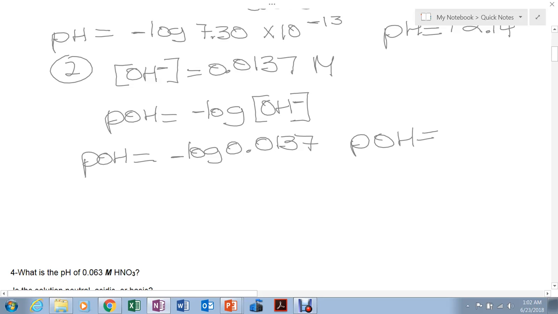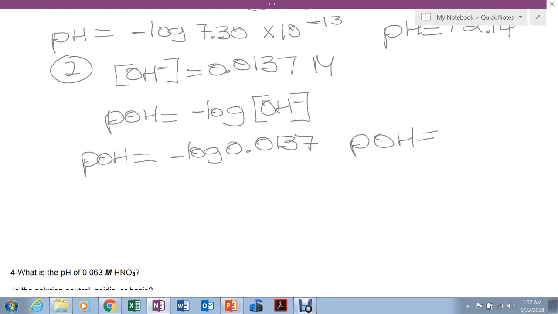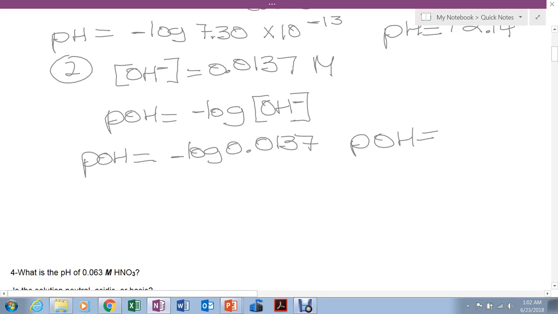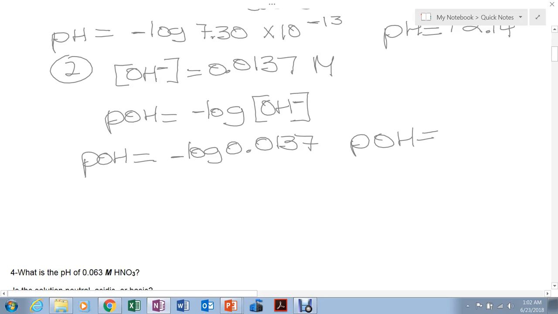And this should give you that the pOH equals, I don't have this done, strange, but I'll do it in a second. So it's minus log of 0.0137, 1.86. So now you got that the pH plus pOH equals 14.